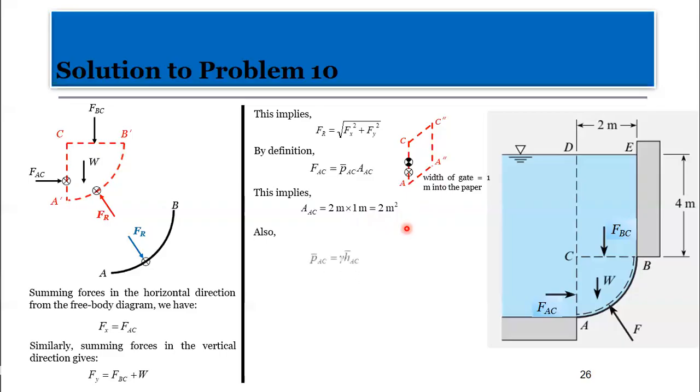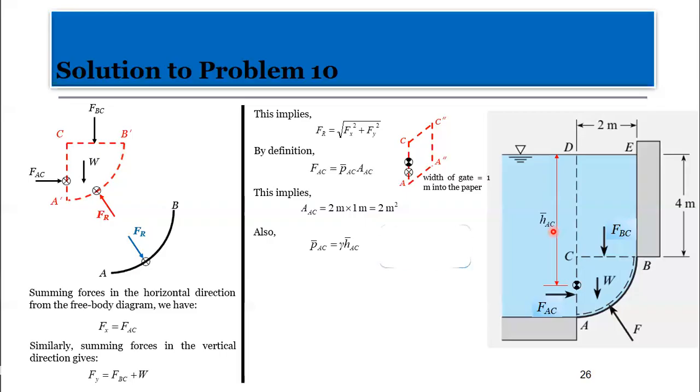Now, also with the PAC, we have H bar AC. How do I get my H bar? I measure H bar from the free surface to the centroid of the gate. Let's first of all identify the centroid here of the vertical gate. The centroid is somewhere here. From the free surface, it's measured from this part to that, H bar AC. This is a typical application question, right? Good.